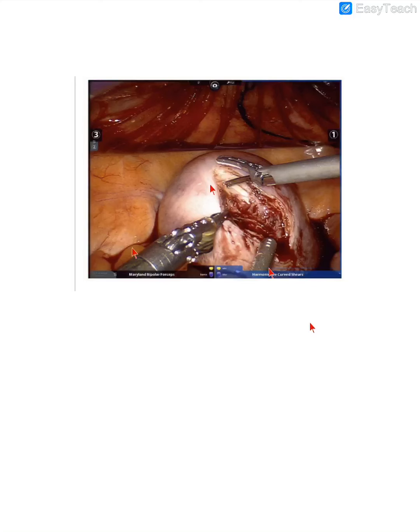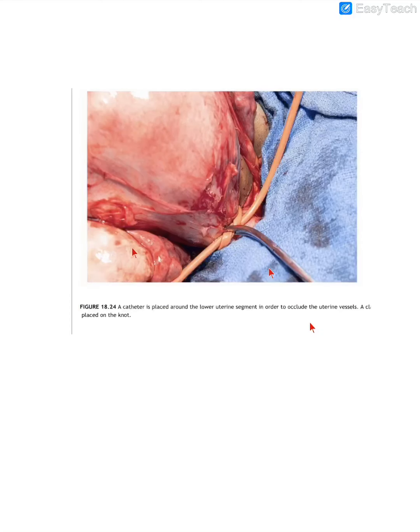First, vasopressin is injected into the myoma to reduce the vascularity, and then we give an incision on this fibroid, and the pseudocapsule is cut, and the myoma is enucleated.